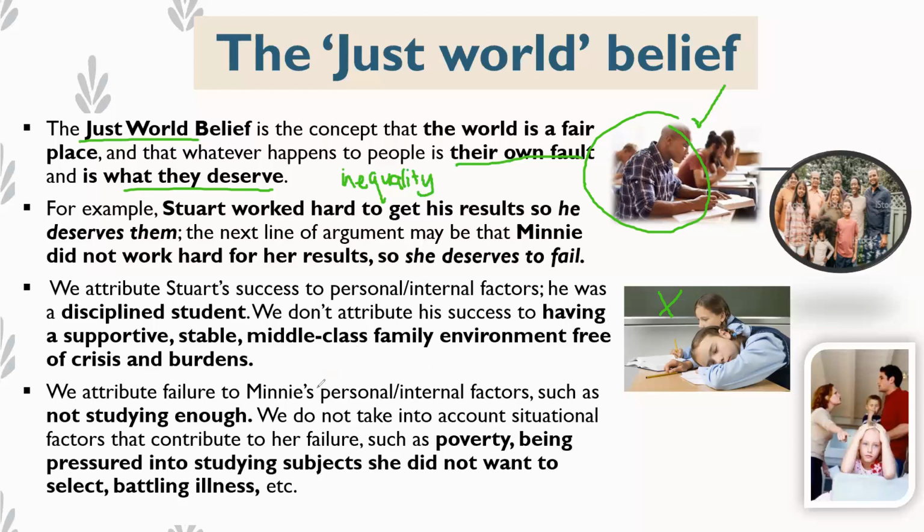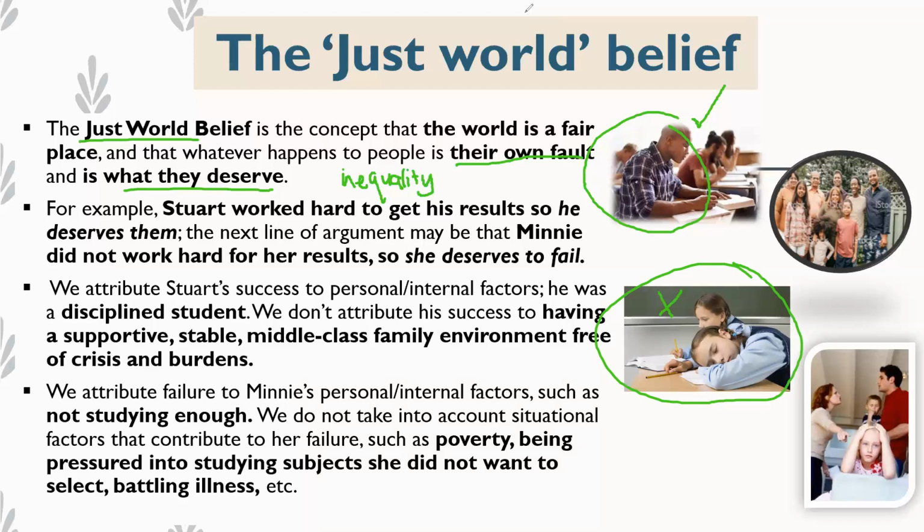So essentially the just world belief is a problem. It's just like the fundamental attribution error. It is a problematic way of attributing behaviors because we don't take into consideration situational factors like the environment you're growing up in, how many siblings you have, how much income your parents have to support you, whether you've got a chronic illness, or whether your parents or siblings have a chronic illness that affects the dynamic of the family, all that kind of stuff.